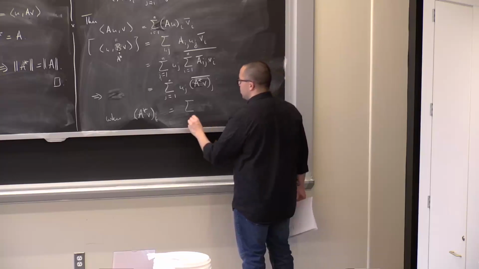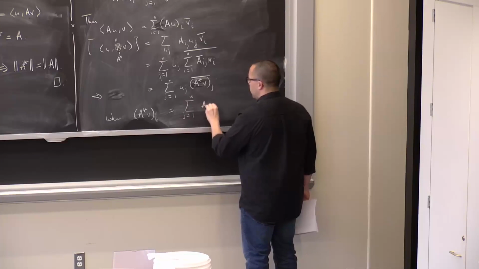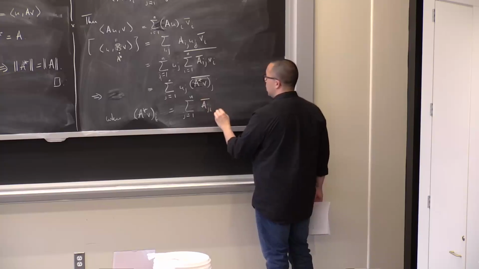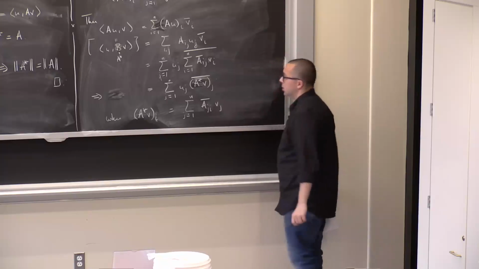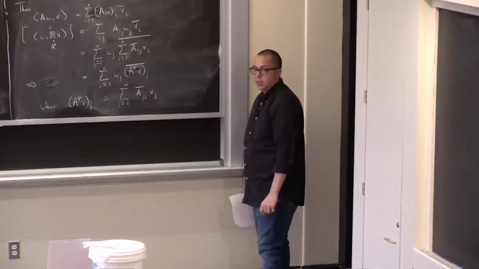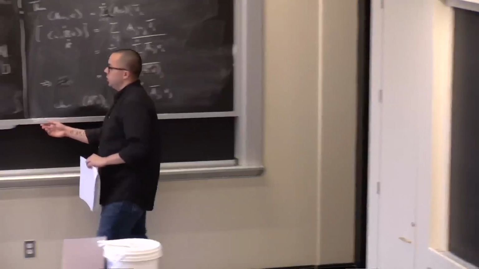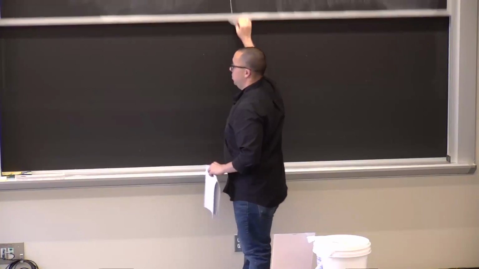This is the sum from j equals 1 to n of A_ji complex conjugate applied to V_j. Okay? All right, so for matrices, again, this should be review.